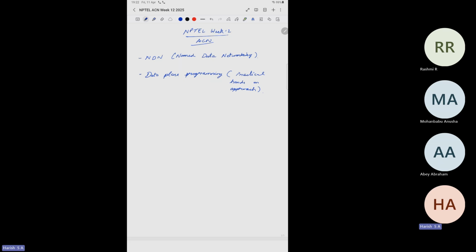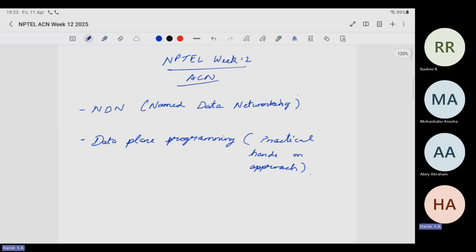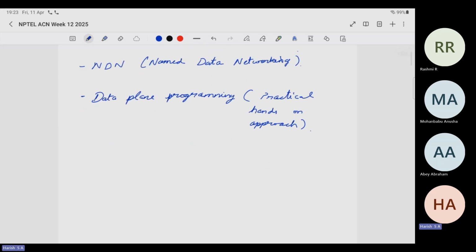Because I felt since you have studied advanced computer networking, and over the weeks we've seen the protocols involved in traditional networking, and then some hypothetical concepts as well, like NDN, named data networking, which is one such hypothetical concept. But in between all of this, if you remember, you would have come across something called data plane programming. And this data plane programming would have introduced something called P4, if you remember.